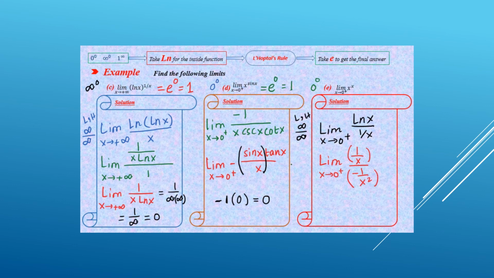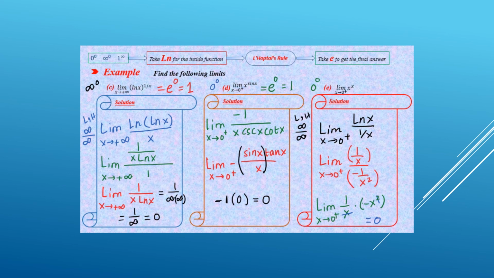And this equals the limit of 1 over x multiplied by the reciprocal, which is minus x squared, when x goes to 0 from the right. By simplifying, we have the limit of negative x, and when you substitute 0 you will get 0, so this is equal to 0.